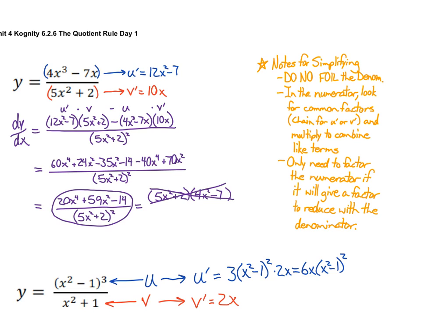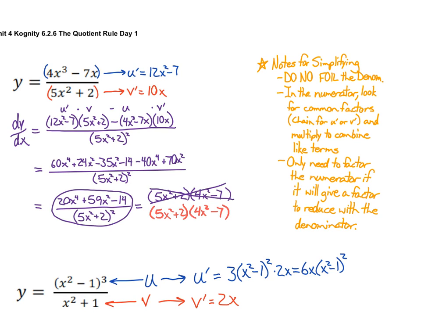So what I did here is I wrote down a 5x squared plus 2, and I said, okay, well, what would the other factor have to be if that's the case? Well, to get a 20x to the fourth, I'd have to have 5x squared times a 4x squared, right? And in order to get a negative 14 at the end, I'd have to have a positive 2 times a negative 7.